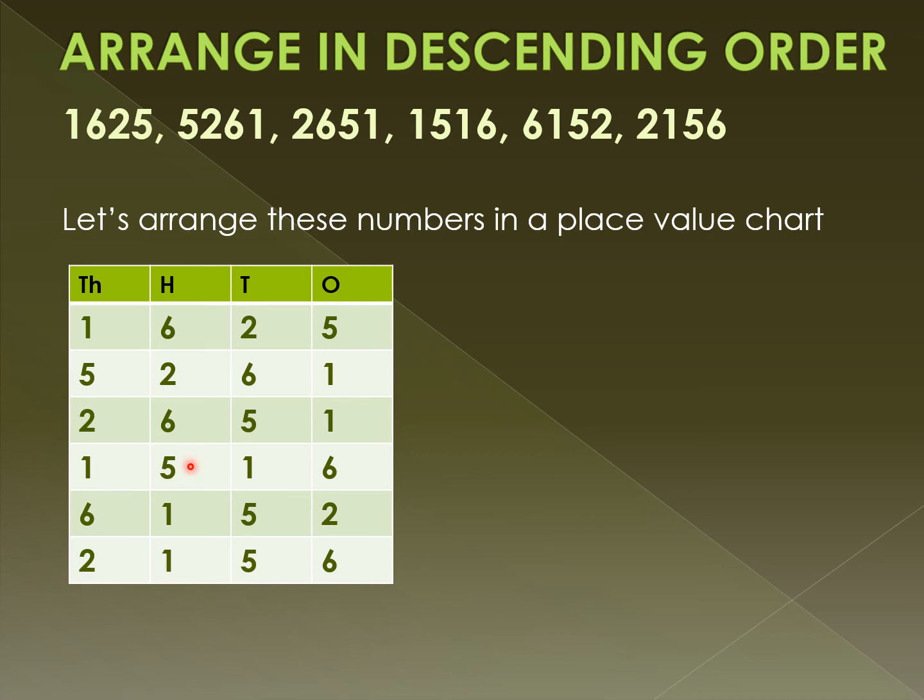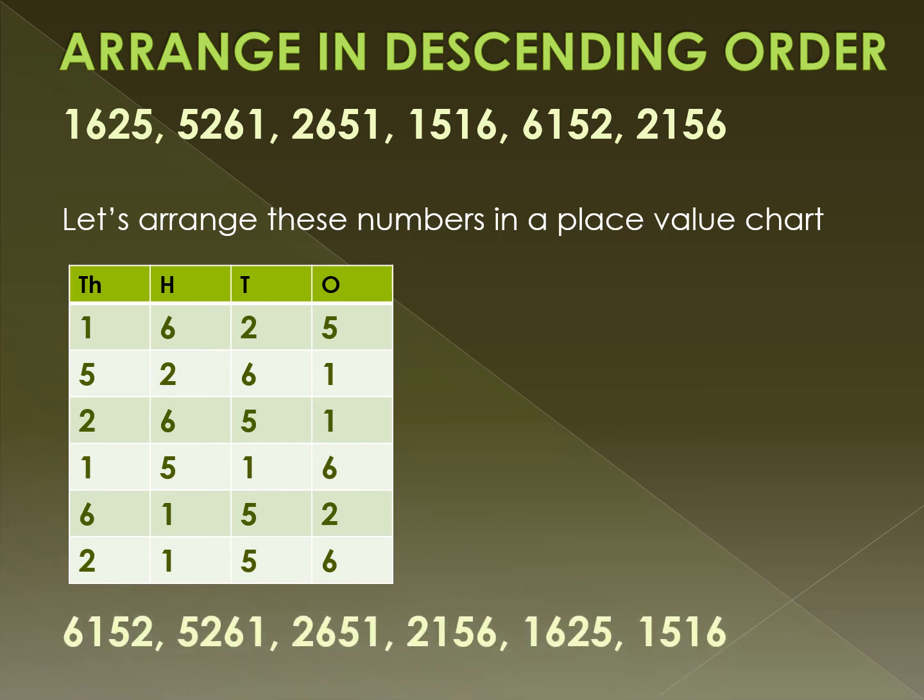Hence the next number in our order will be 1625 and the smallest number is 1516. So this is how we have put our numbers in descending order.